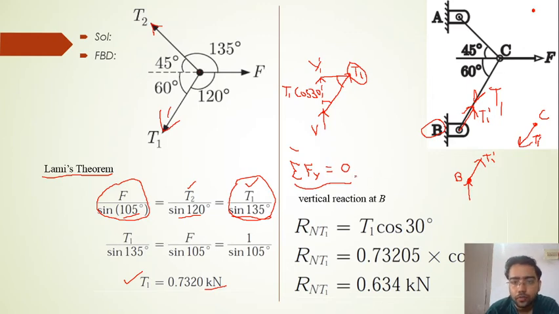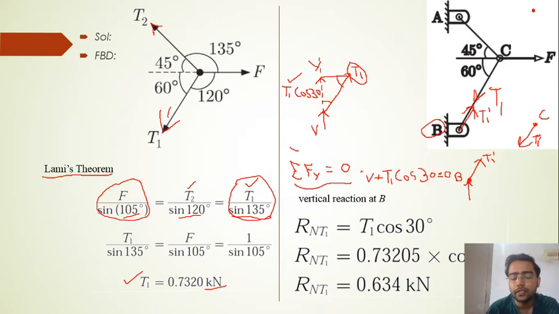First one is obviously vertical force V. V, that is in upward direction, okay, plus, because we assume that that is in upward direction. Then second one is T1 dash or T1 cos 30, that is here. And sum of all these two should be equal to 0. Sum of these two forces should be equal to 0, because if everything should be in equilibrium, then sigma Fy should be equal to 0.